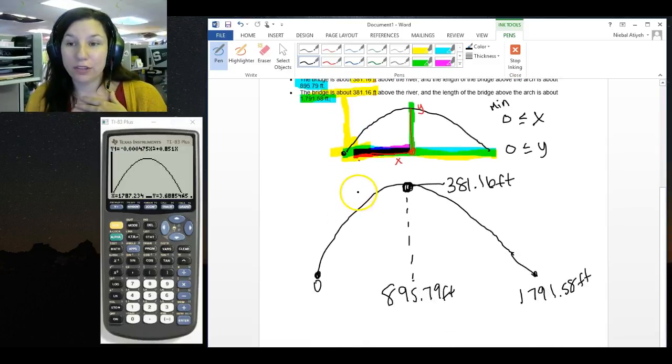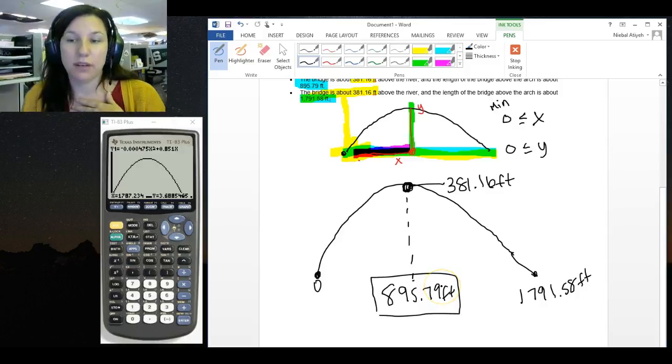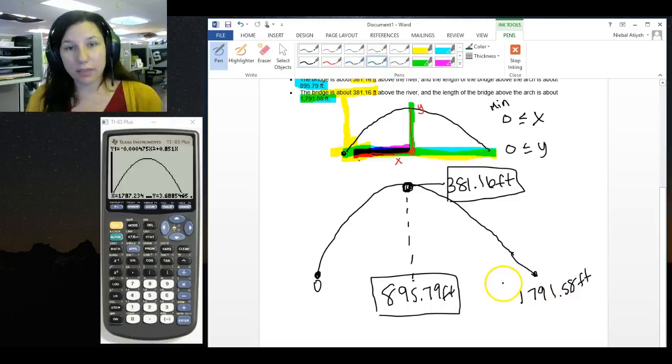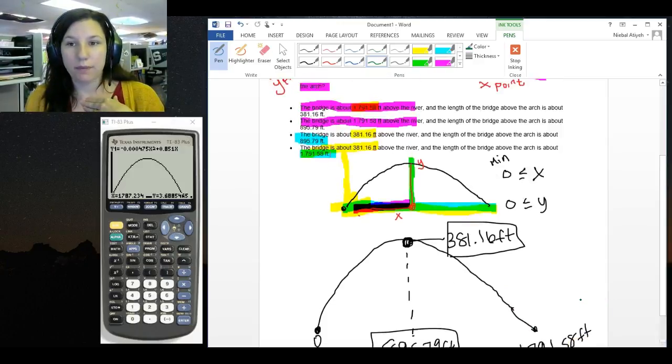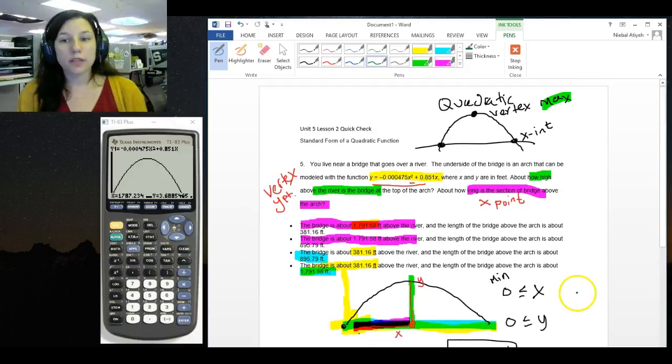So your answer should be 895.79, and the height is here. If they asked you for the entire length of the bridge, it would be 1,791.58.